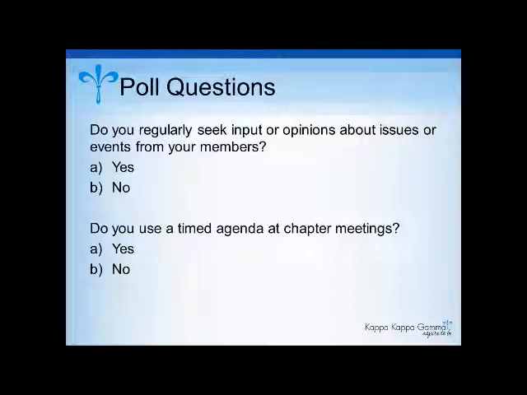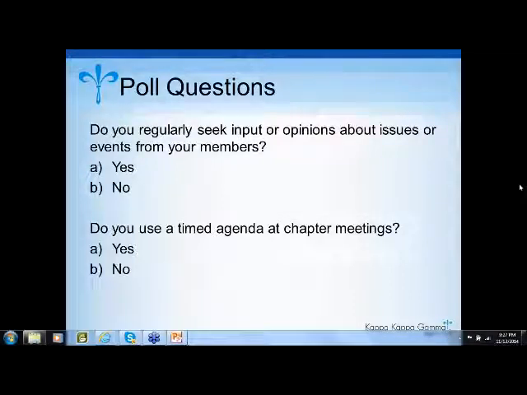And we're up for another poll question. Hold on just a second here. This one is, does Chapter Council regularly seek input or opinions about issues or events from their chapter members?